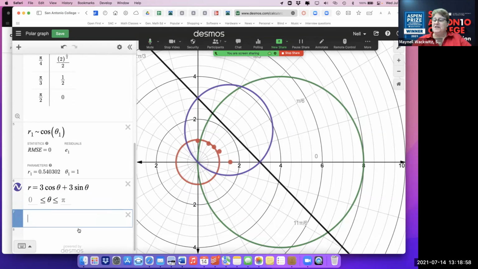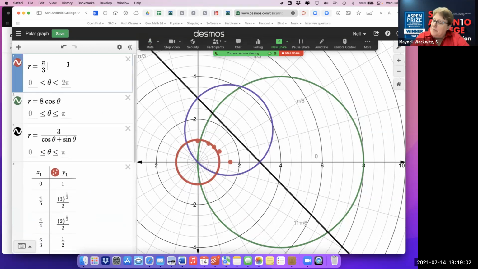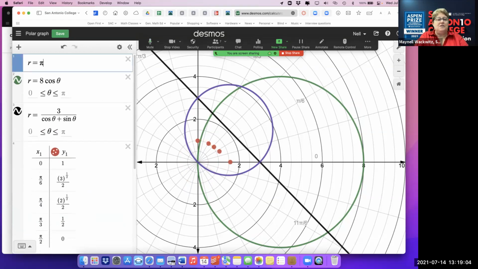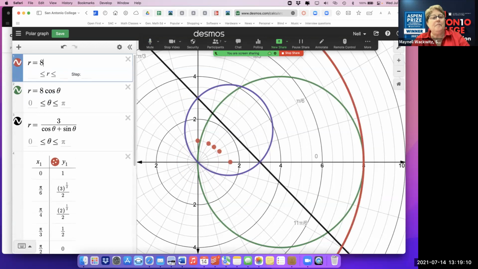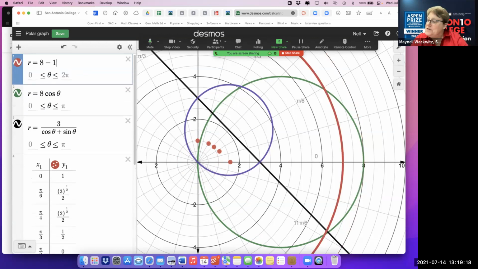This is fun. Let's look at a spiral. So let's see. If you have R equals a number, and I'm just going to use 8 plus any other number, I'm going to use -1 times theta.